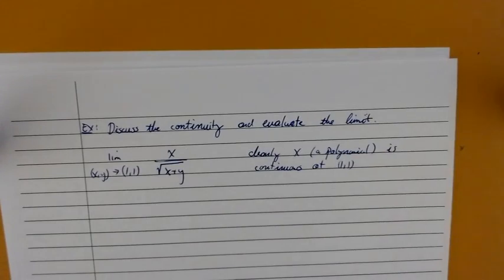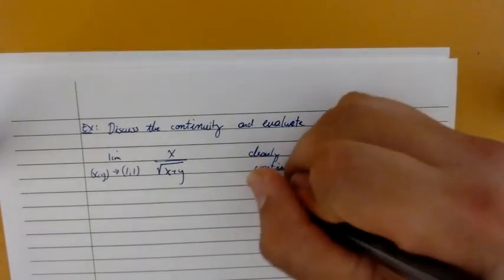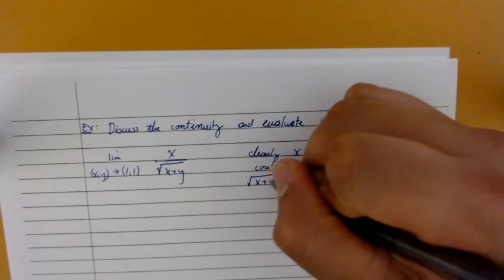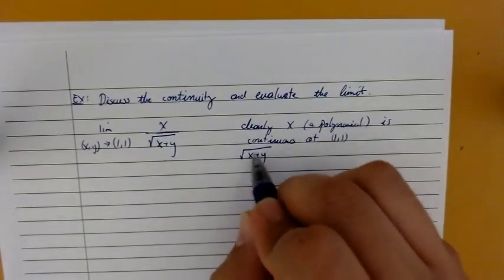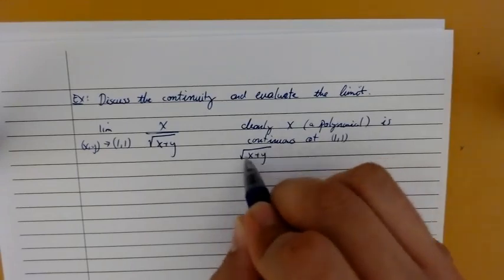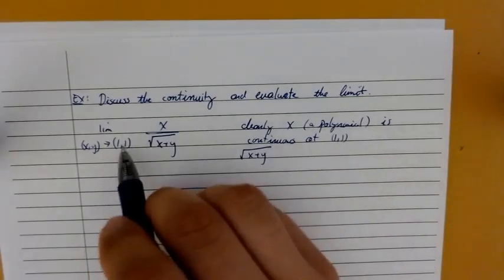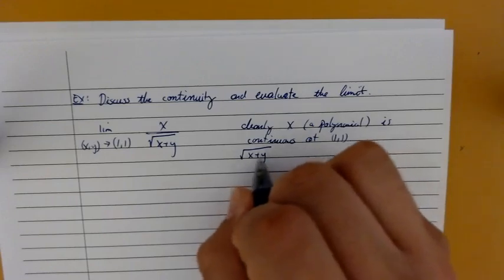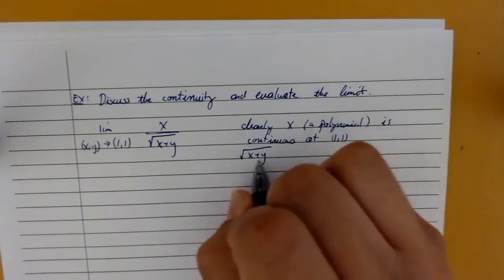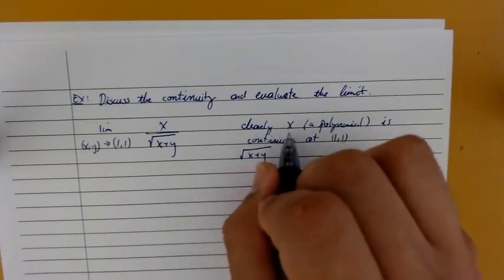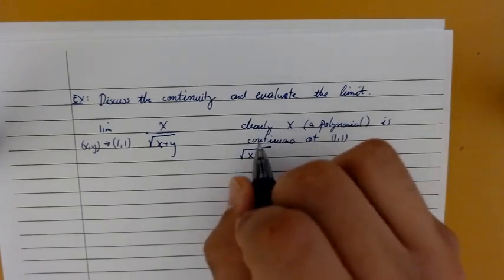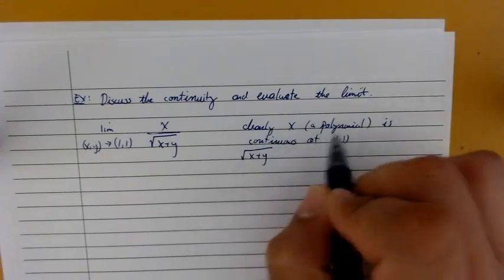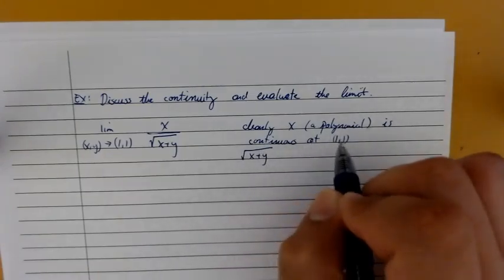Now, the square root of x plus y. This is continuous for anything that makes the argument positive. Oh yeah, but (1, 1) is going to make that positive. That's going to be 2. Right? So here clearly x, which is a polynomial, is continuous at 1.